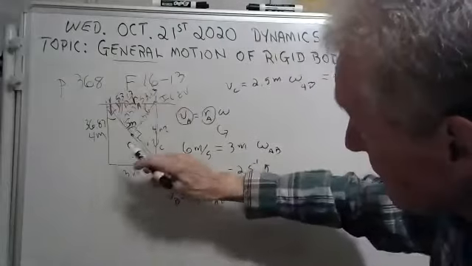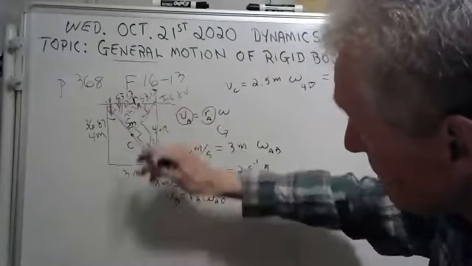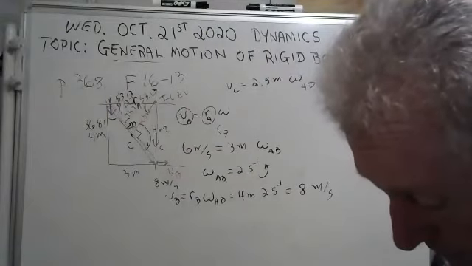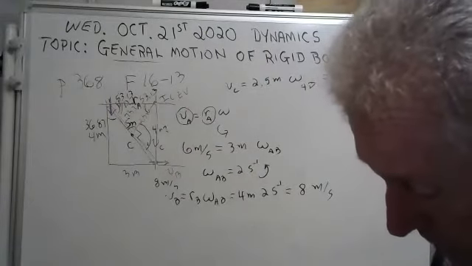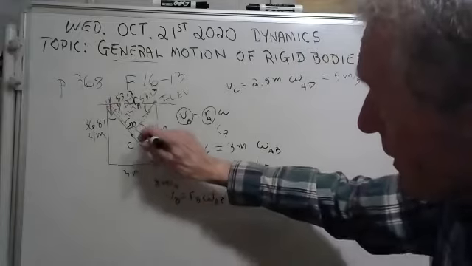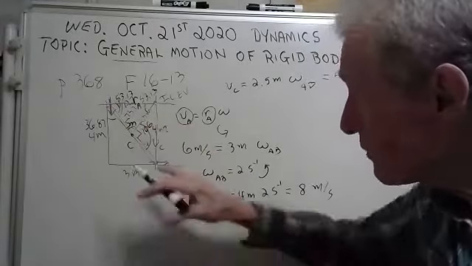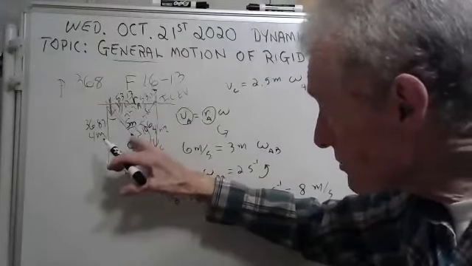And if you really wanted, you could get this big angle here. It's bigger than 90. It's 106 something. But if you make a 90, that's the direction of point C.